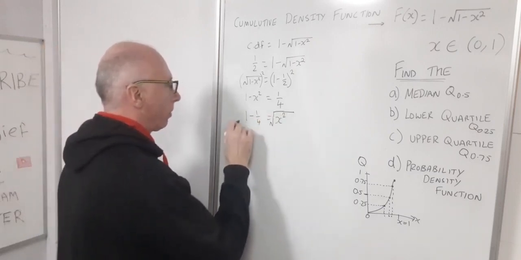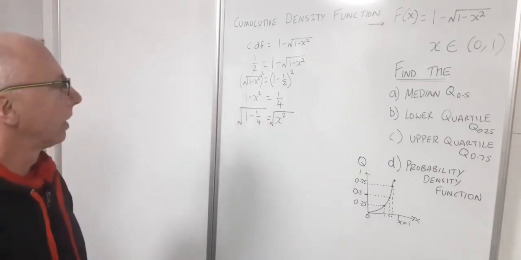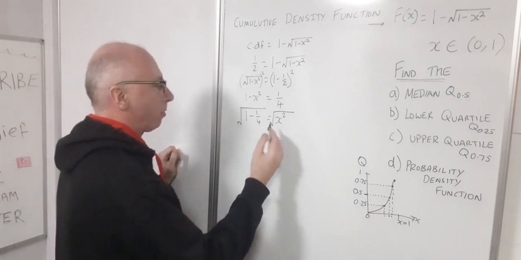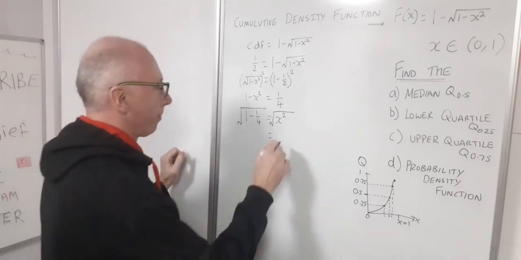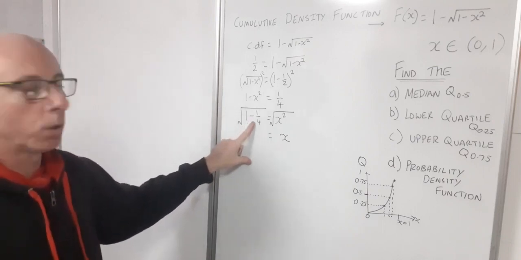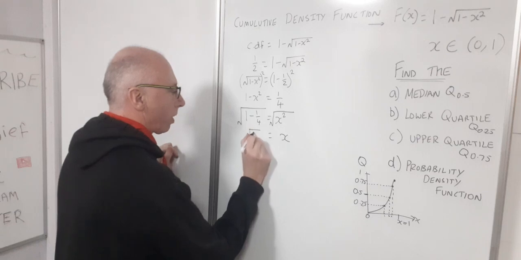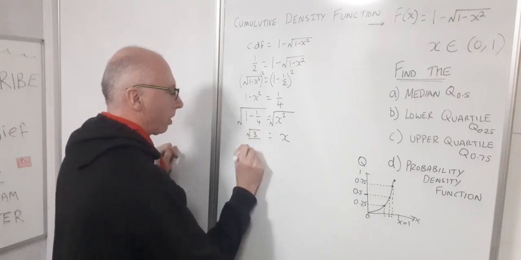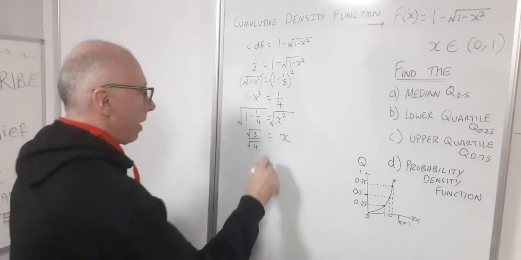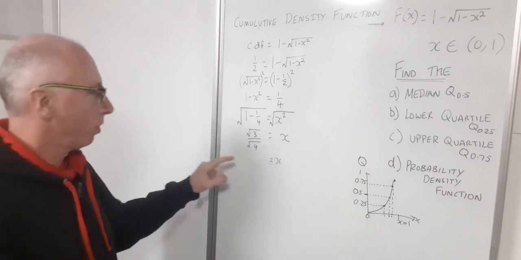The square root of x squared will give me x. And here I've got basically 3/4, so I've got the square root of 3/4. That's the same as square root of 3 over square root of 4. So therefore my x will equal square root of 3 over 2.